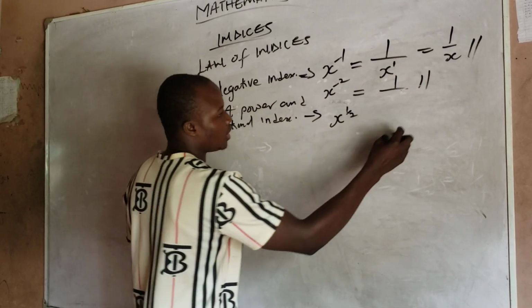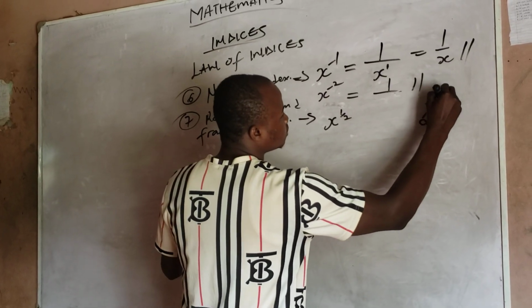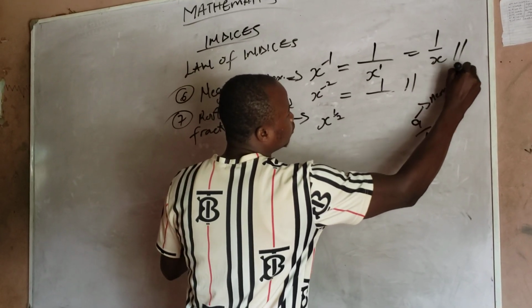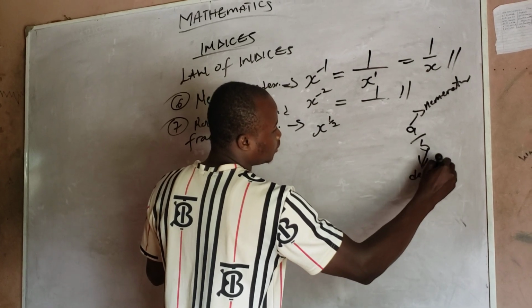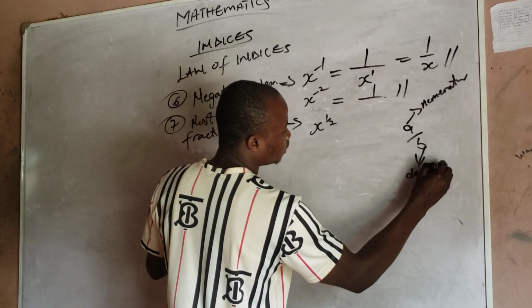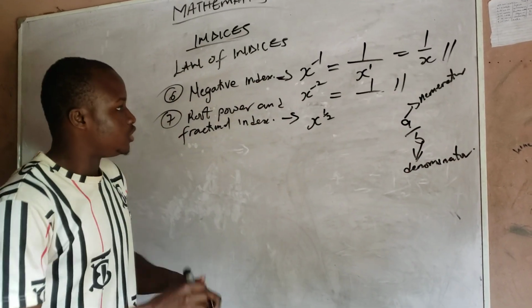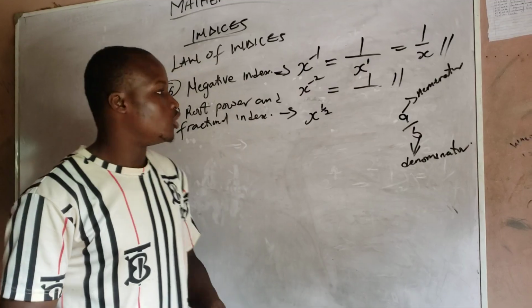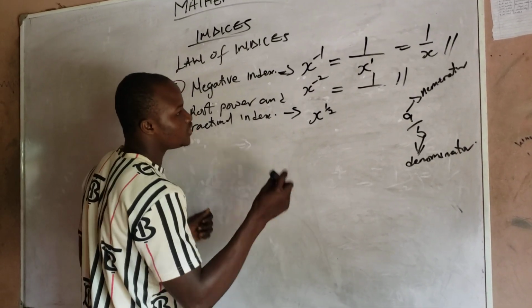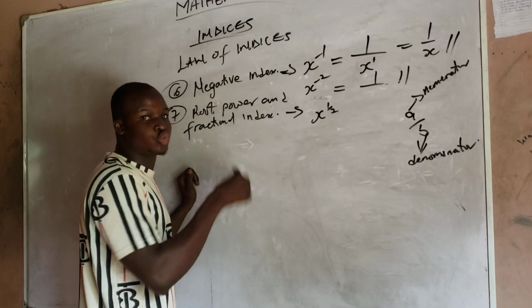When you have something like a over b, the top is called the numerator and the bottom is called the denominator. So the denominator will form a root.